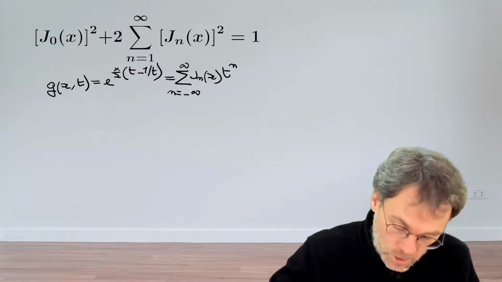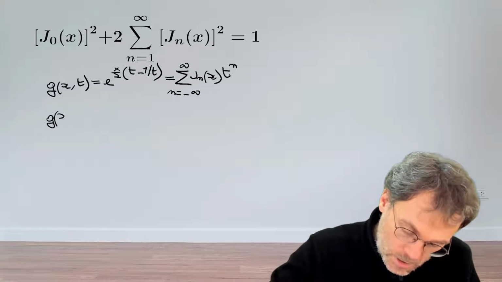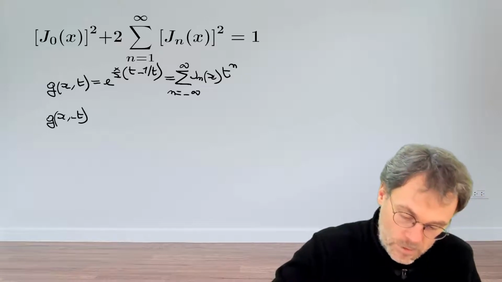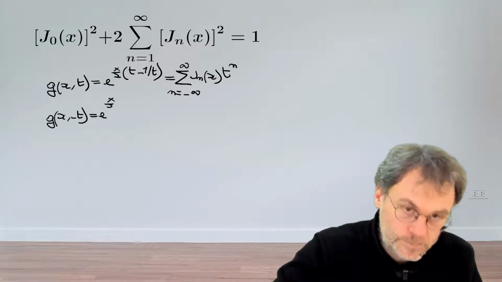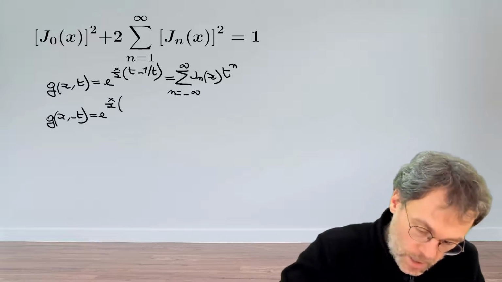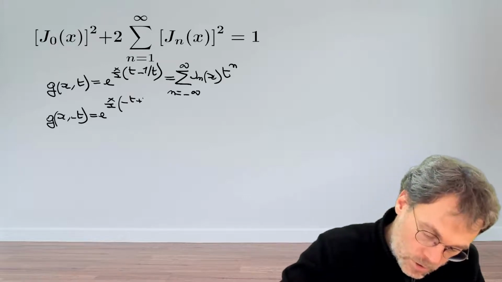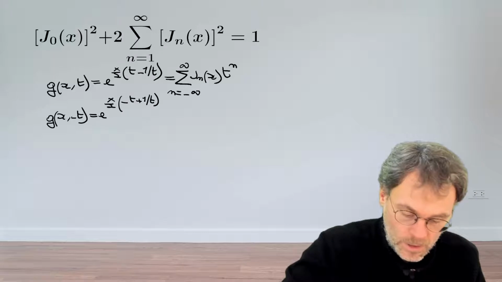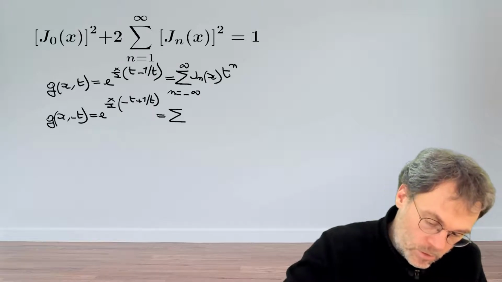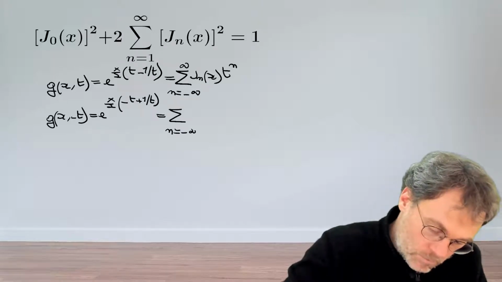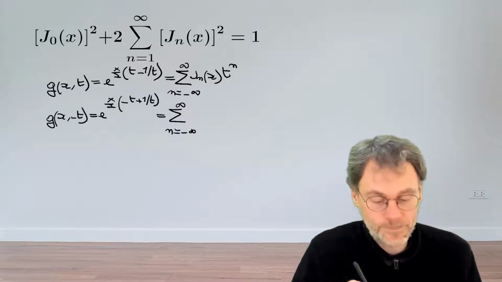Let's now make the suggested substitution, t, replace that by minus t. So now we have exponential x over 2, and then we have minus t plus 1 over t. Now, if we do the same thing on the right-hand side, summation minus infinity to plus infinity.